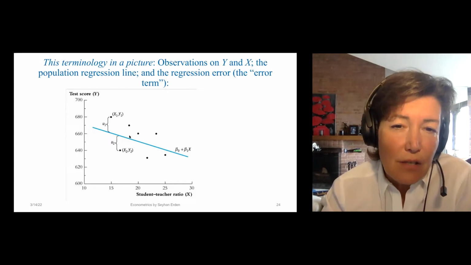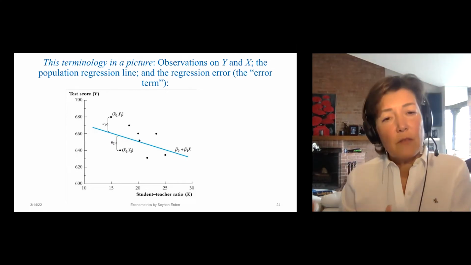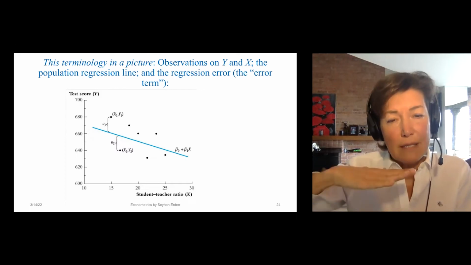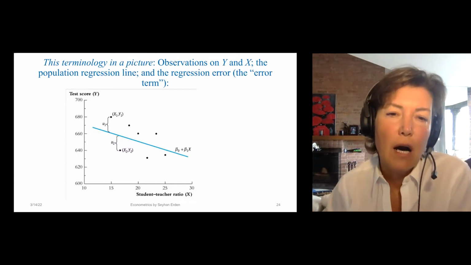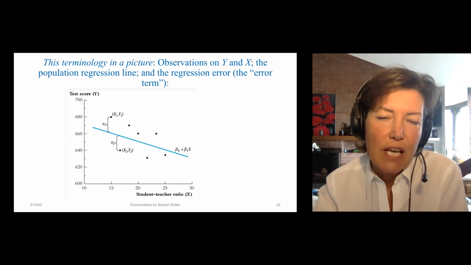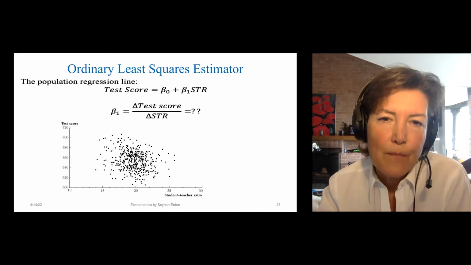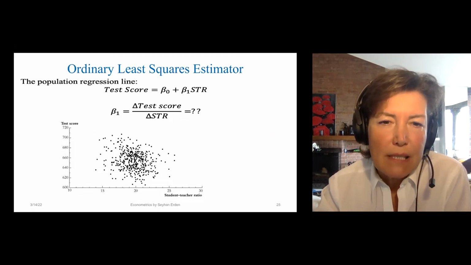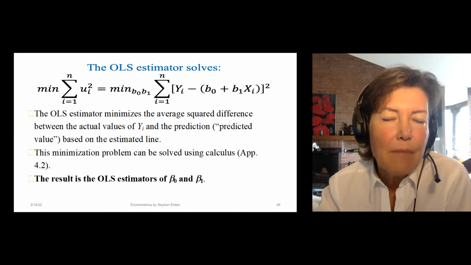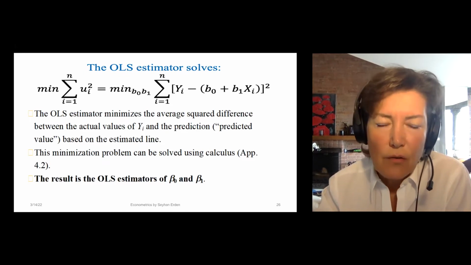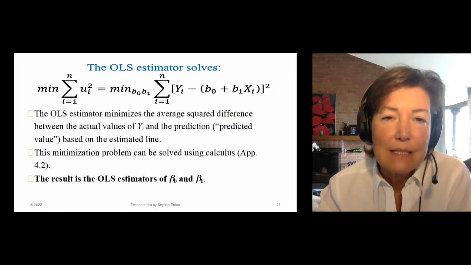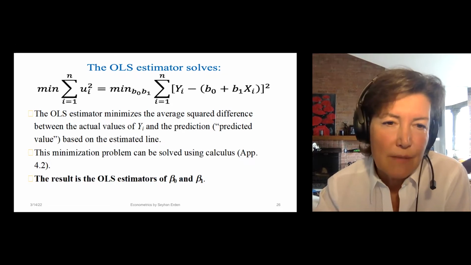Depending on the number of observations and where the observations are, the blue line will move up or down, or it will change its slope, right? So how can we do that for our specific example? Minimizing the error. I'm not going to go through the math of this in this presentation, but this is what we will do once we start regression.